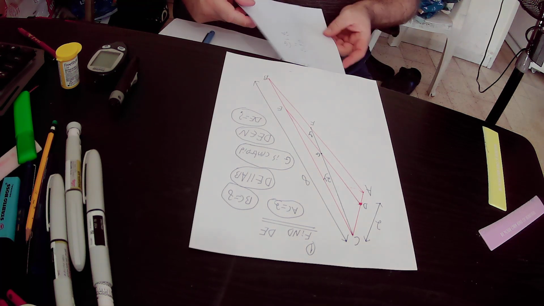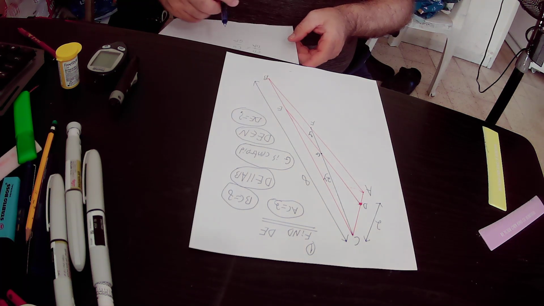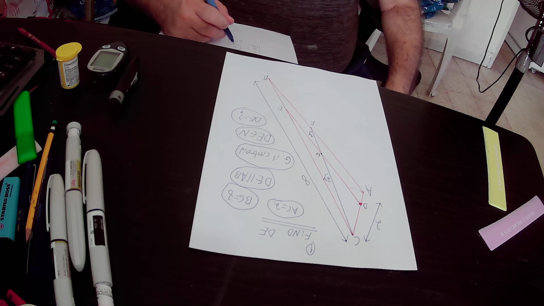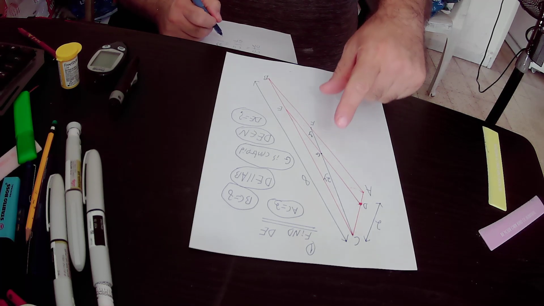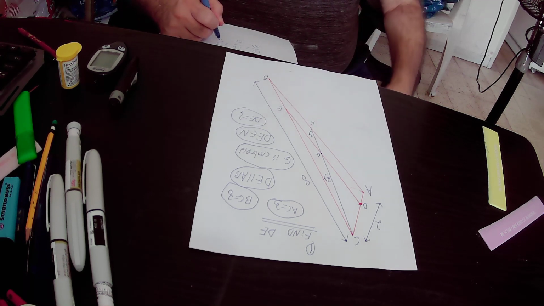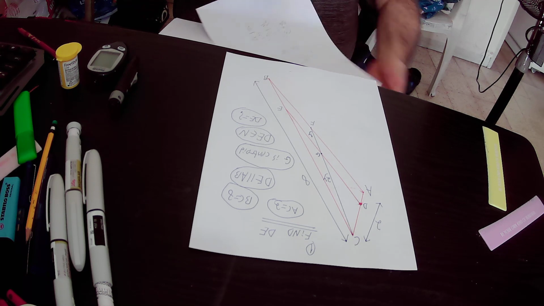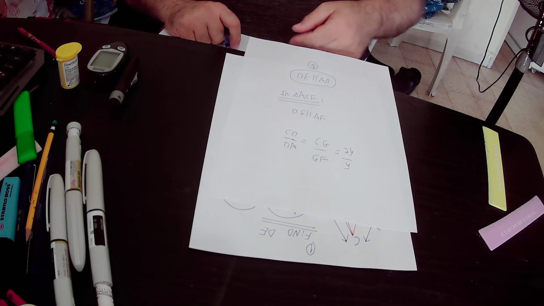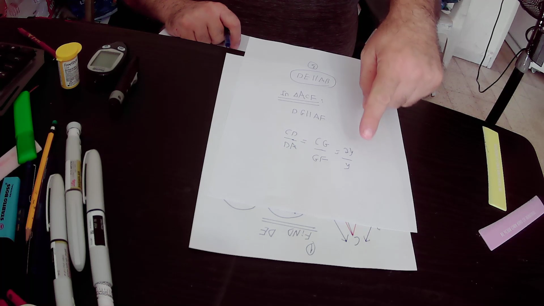But what is the value of CG? CG equals 2y. What is the value of GF? GF equals y. So in total we got this equality: 2y over y is 2.